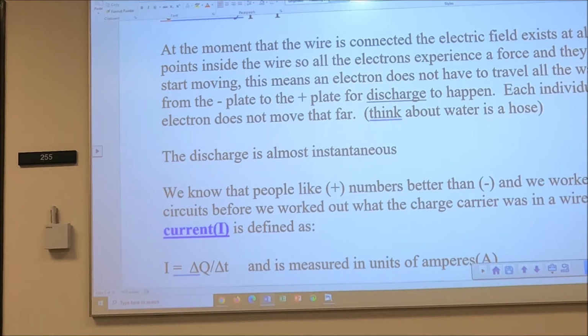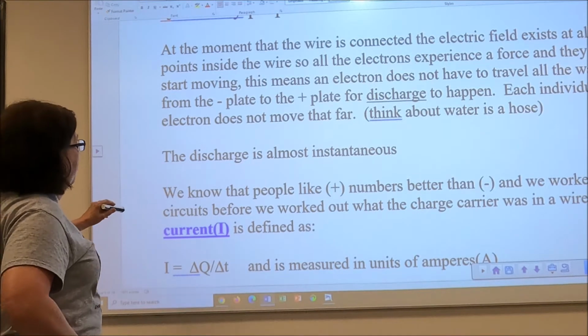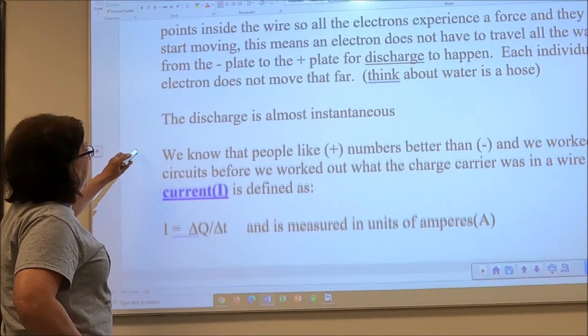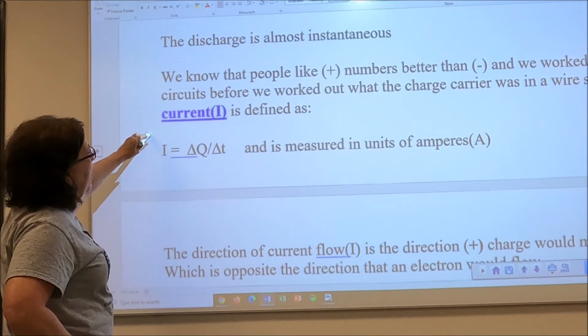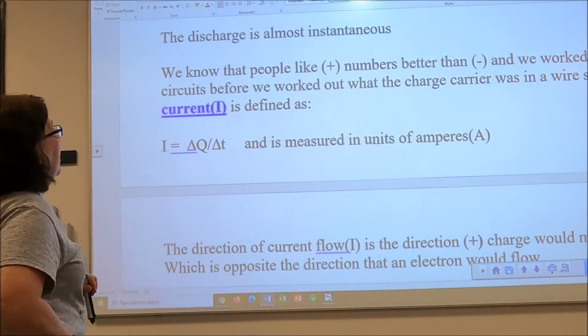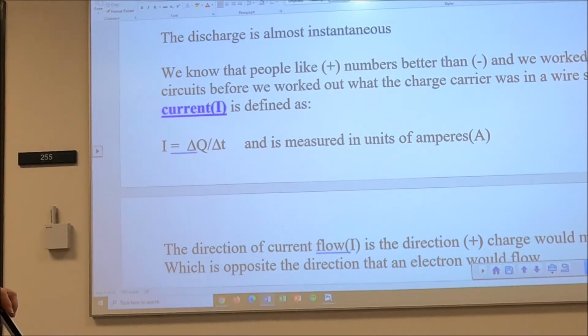They have to just go into the wire, and think about them forcing electrons out the other end of the wire until we get the charge transferred. When you're discharging a capacitor by connecting it with a wire, it discharges almost instantaneously.